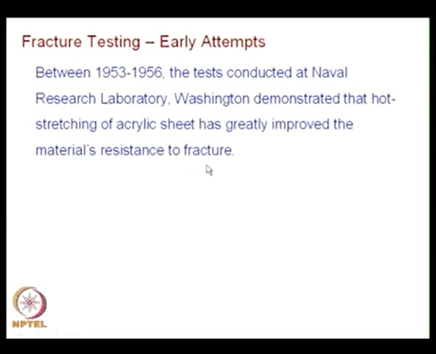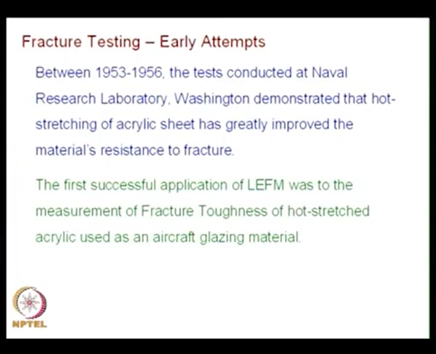So, fracture testing was done first on acrylic sheet, and this is way back in 1953 and 56, and they measured the fracture toughness. So, the first successful application of linear elastic fracture mechanics was to the measurement of fracture toughness of hot stretched acrylic used as an aircraft glazing material.